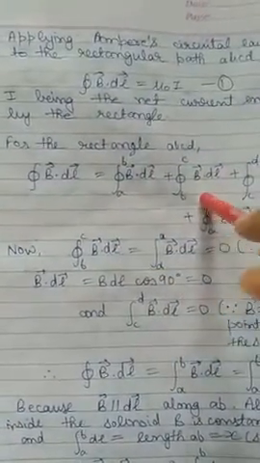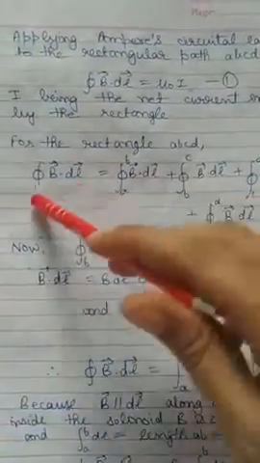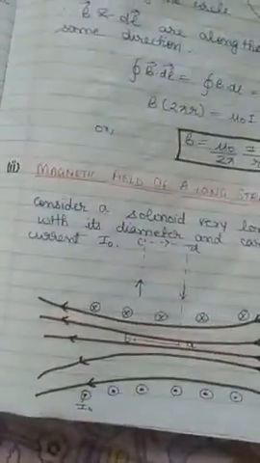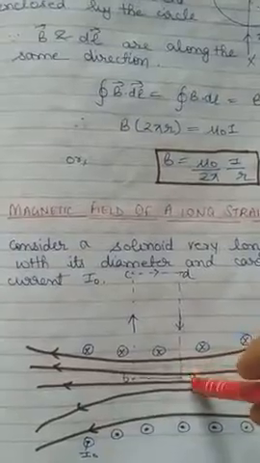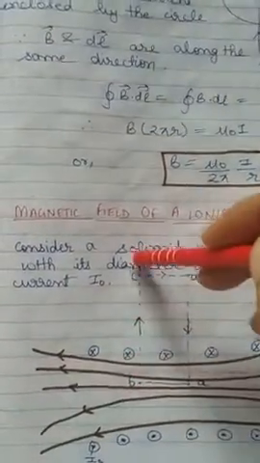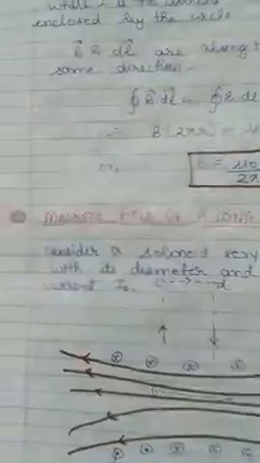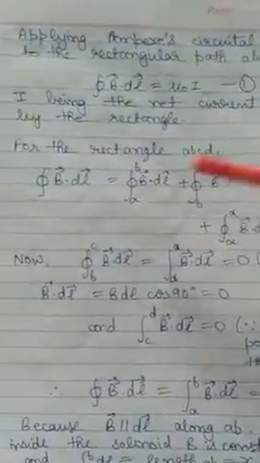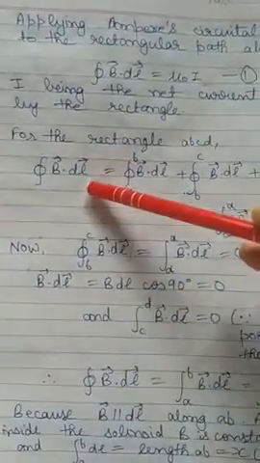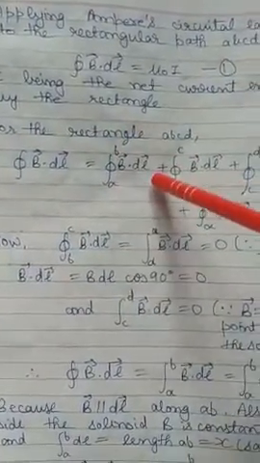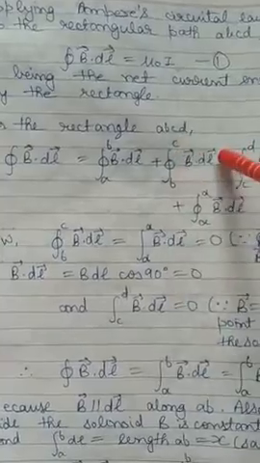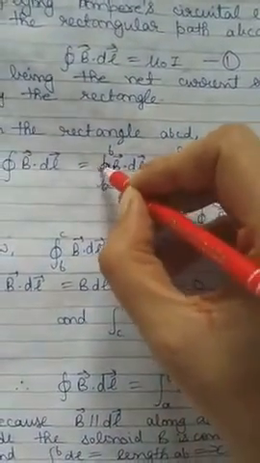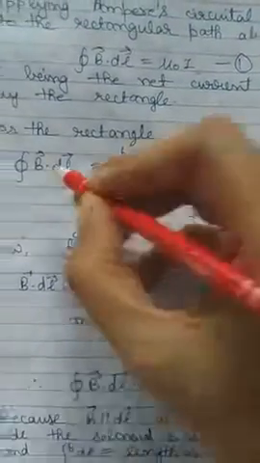Now for the rectangle ABCD, the whole surface, the line integral of B dot DL can be written as the line integral from A to B, B to C, then C to D and D to A. So we can write this path integral of B dot DL as A to B, B dot DL, B to C, B dot DL, and here we will not make this integral sign closed, because that is for the closed path.